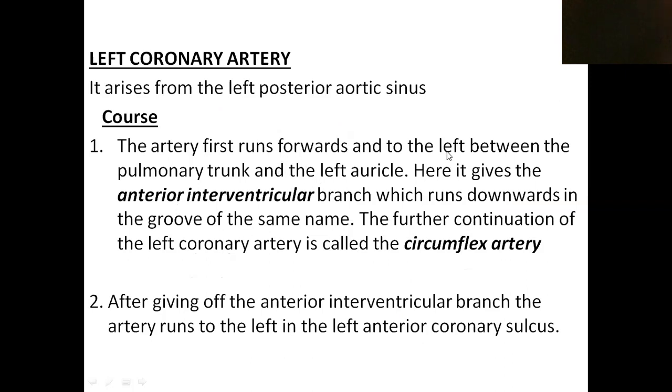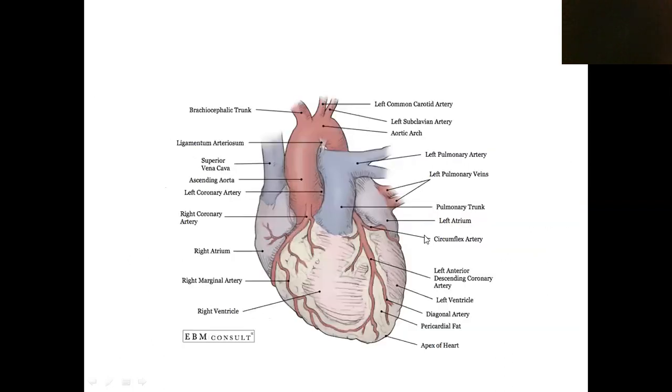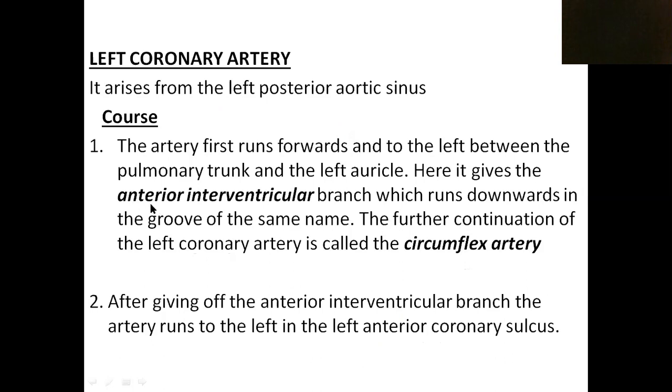So it runs forward between the pulmonary trunk and left auricle and reaches the left coronary sulcus. After reaching this left coronary sulcus, it gives one branch. Which one? Anterior interventricular branch. Now, the remaining part of the left coronary artery is known as circumflex artery.